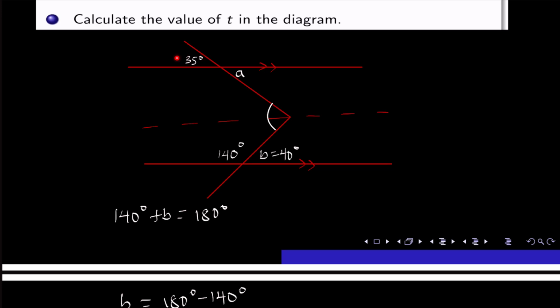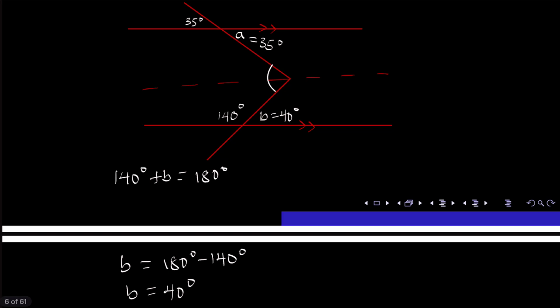We should know that these angles are vertically opposite angles, right? And since vertically opposite angles are equal, it implies that A is equal to 35 degrees. Here we are going to use the idea of alternate angles and corresponding angles.